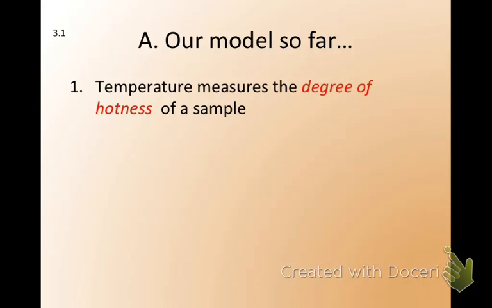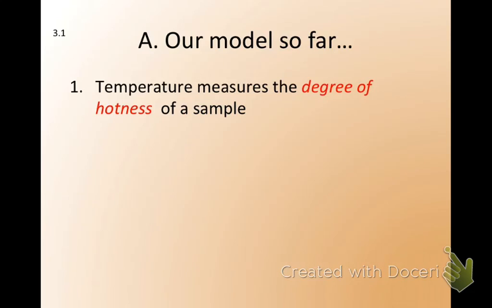So take a look at our model to this point. We've defined temperature, and we've done so by saying that it's essentially a measure of the degree of hotness of a sample. If we take all of the kinetic energies of every single water molecule in a beaker, and we take the average of those kinetic energies, that's essentially the temperature of that sample.